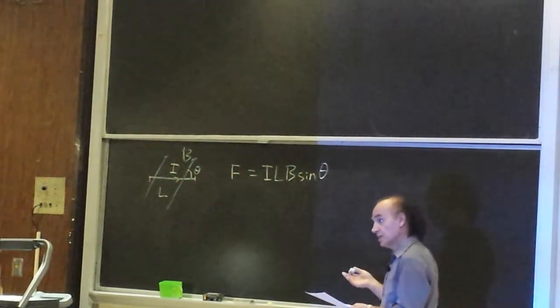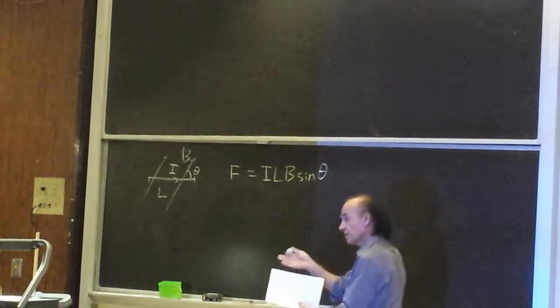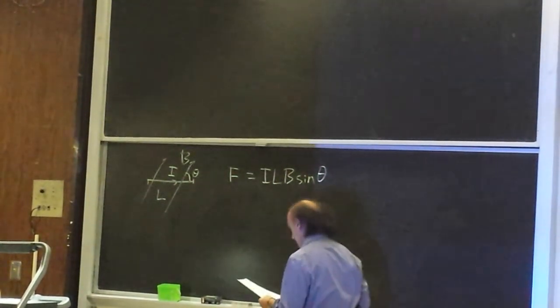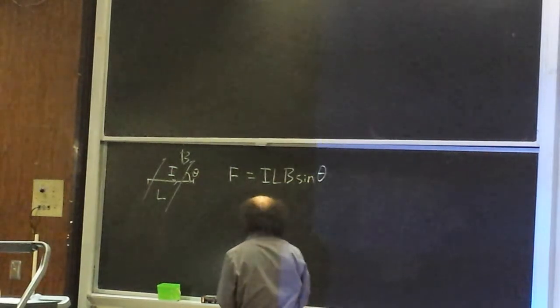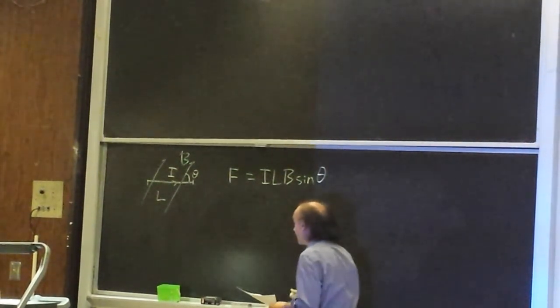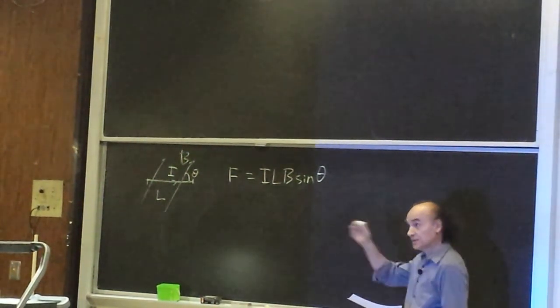The same here. If the current goes along the B vector, they are parallel or anti-parallel, then the force is zero.